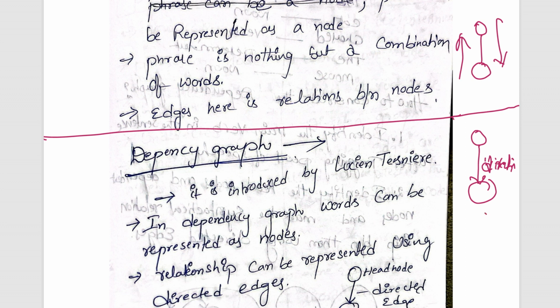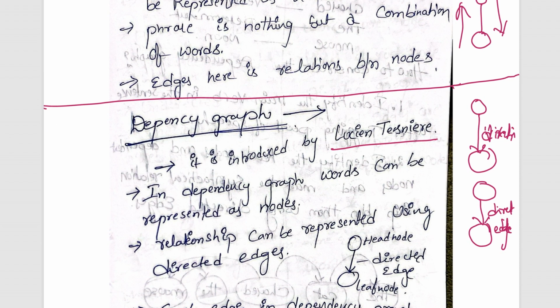Dependency means one node can be dependent on another node, so we call them directed edges. Using the directions we can represent the graph. Who introduced this dependency graph? Lucien Tesnière, one of the scientists.